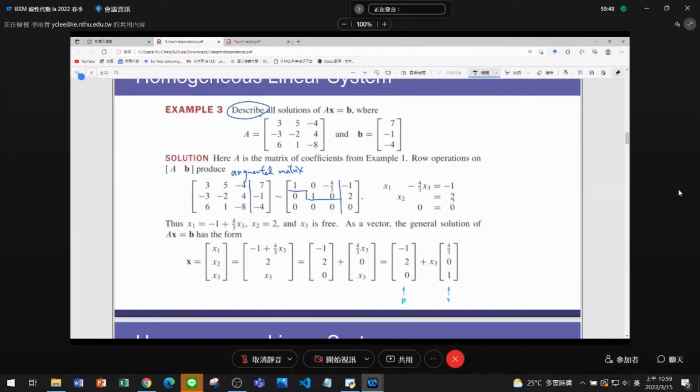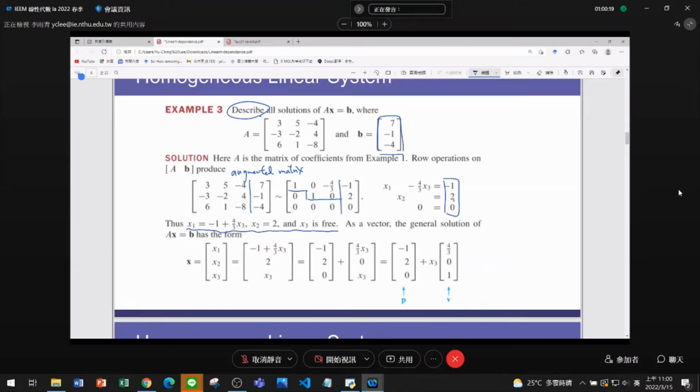So this A matrix is the same as in example 1, but now we have a different right-hand side. I have a vector B given as 7, -1, -4. And thus, now the general solution is written in this way.